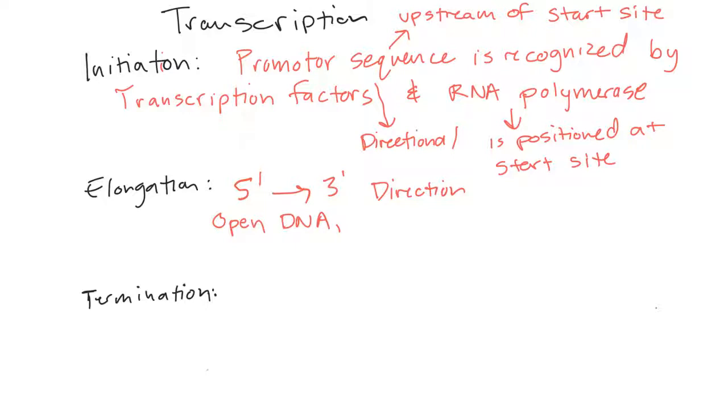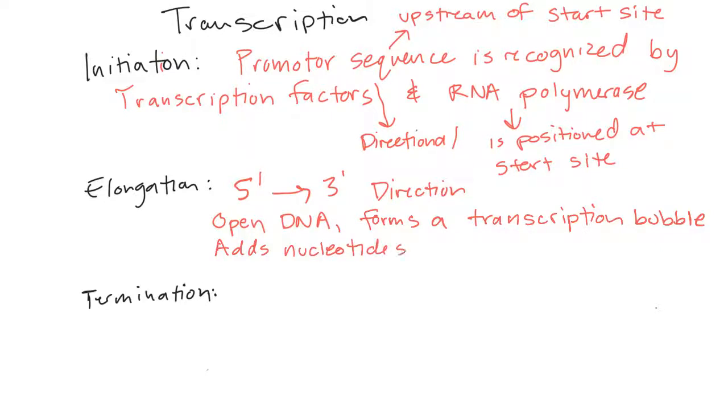Yeah, so it has to break those hydrogen bonds, and it forms a transcription bubble, where it has opened up the DNA and then starts adding nucleotides onto the 3' end.